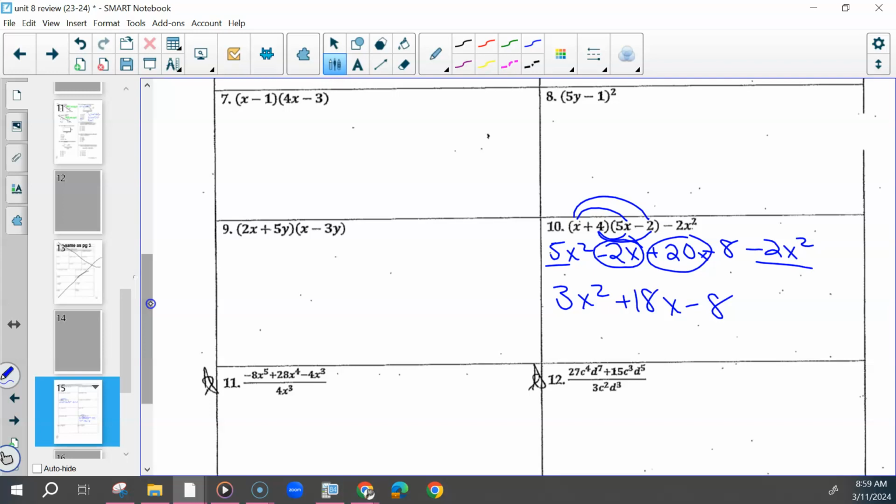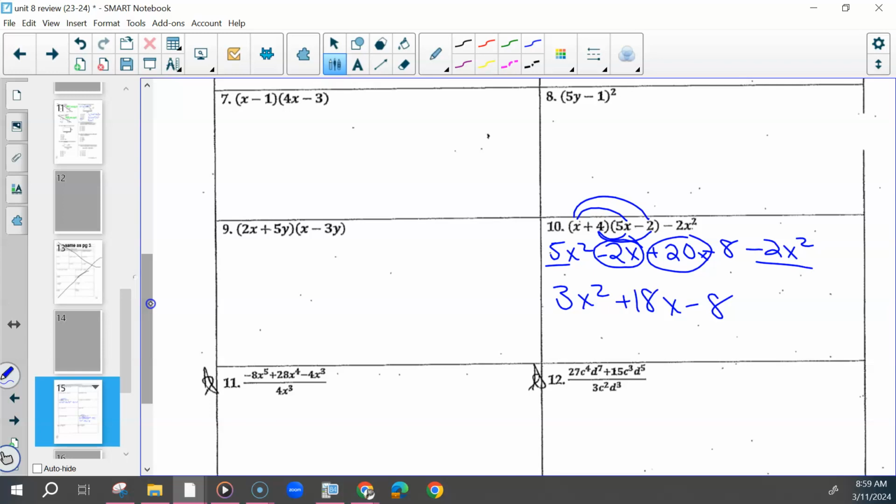The first terms of both sets of parentheses, the outside terms of both, the inside terms, and the last terms. Remember, you can also use the box method. You can also double distribute: the first term times everything here, plus this term times everything here.